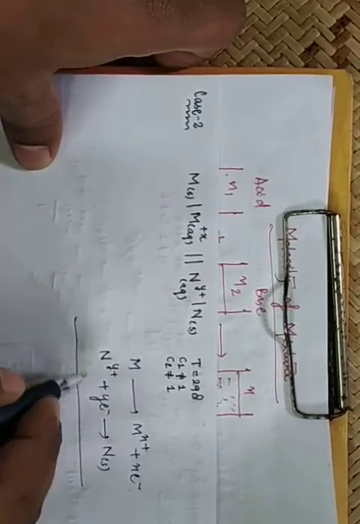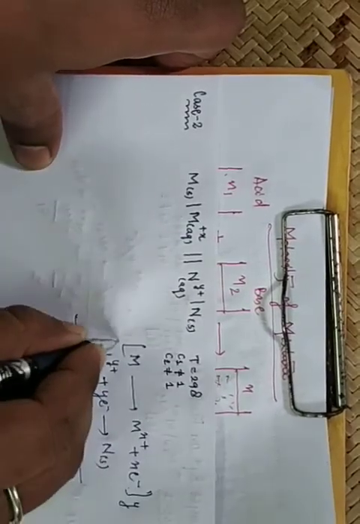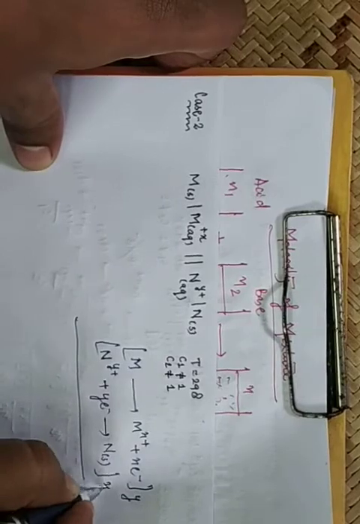Now there are different electrons, x electrons and y electrons, so we multiply by y for this and x for the other.